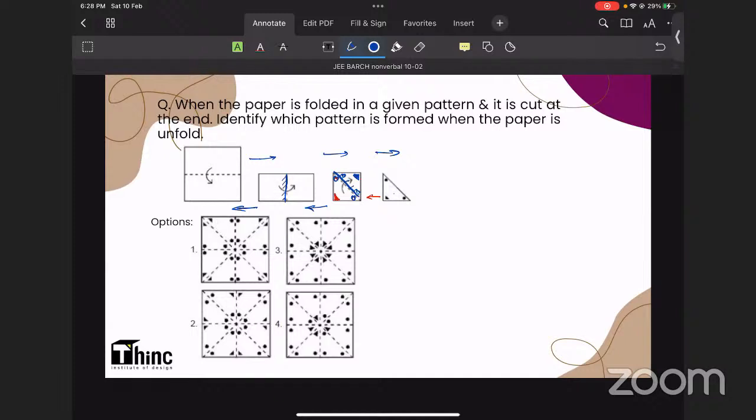Okay, so the mirror will be looking like this, and we are going to construct this figure over here. So it will be like this. Okay, so its mirror image will be like this.